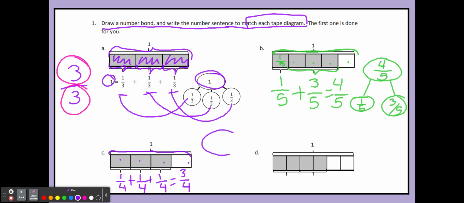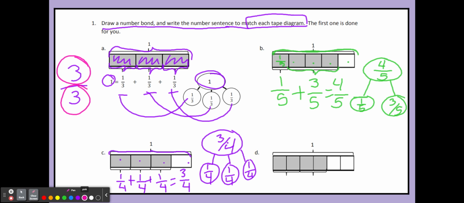Okay, so then in the number bond, 3/4, and then you would have 3 of these. 1/4 plus 1/4 plus 1/4 equals 3/4.